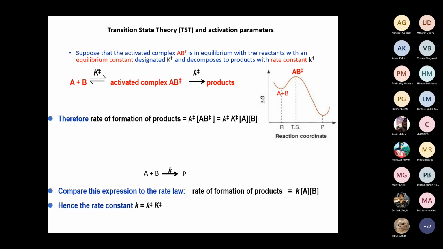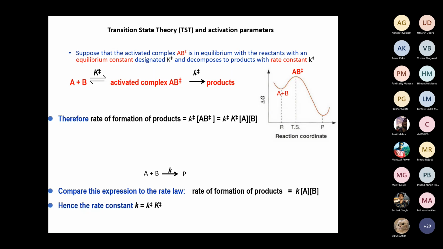Later, the Nobel committee regretted that this person should have got the Nobel Prize, but for some reason they didn't. So one of those persons is Henry Eyring. We will be discussing the Eyring plot, and he proposed the theory called transition state theory, from where the concept of transition state comes.